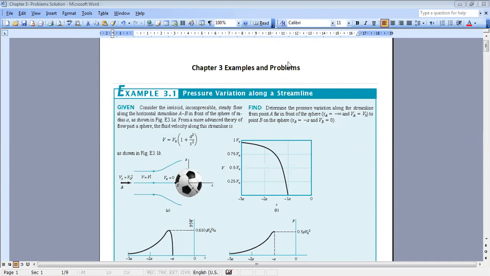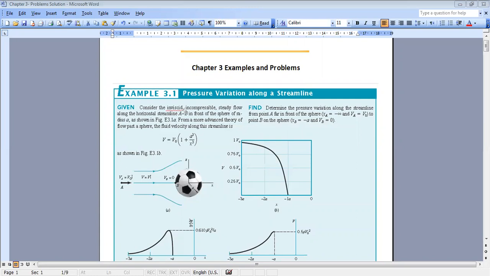Okay? So here, first, we should see what are the given. The characteristics of the fluid are very important to know which equation to apply. First they told us that we have an inviscid flow. When they say inviscid, this means that the viscous effects are negligible.